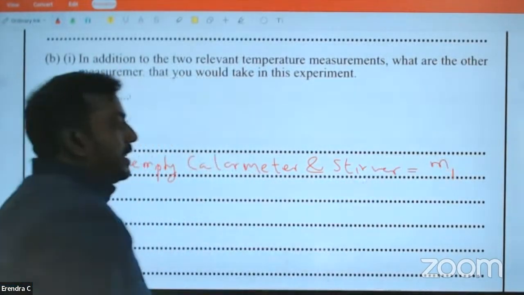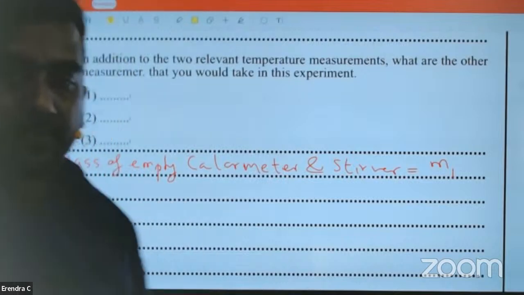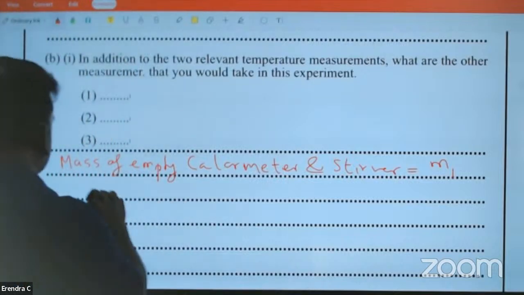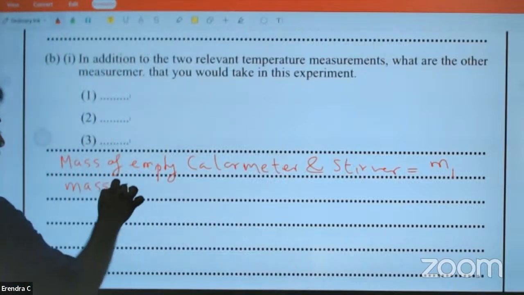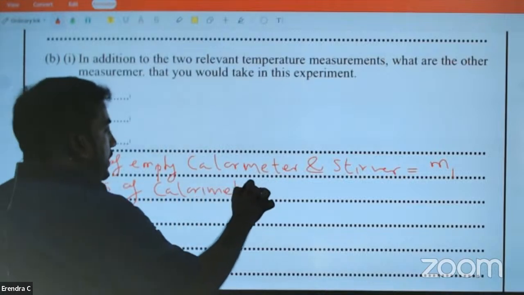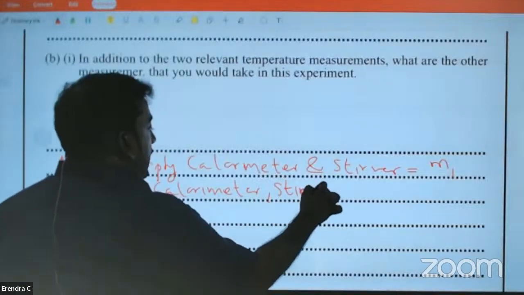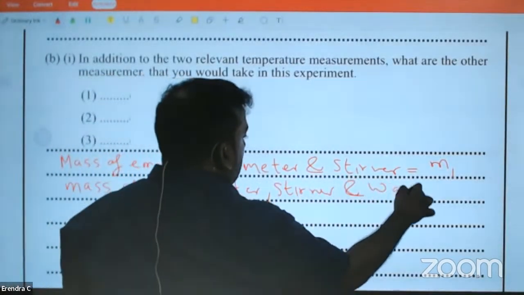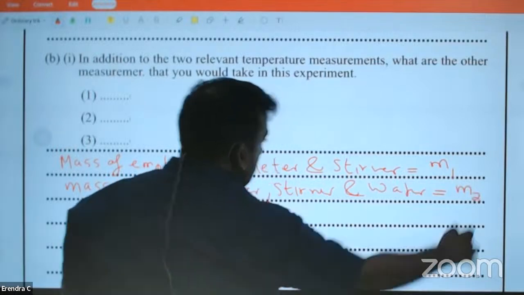Then mass of calorimeter, stirrer, and water, M2.